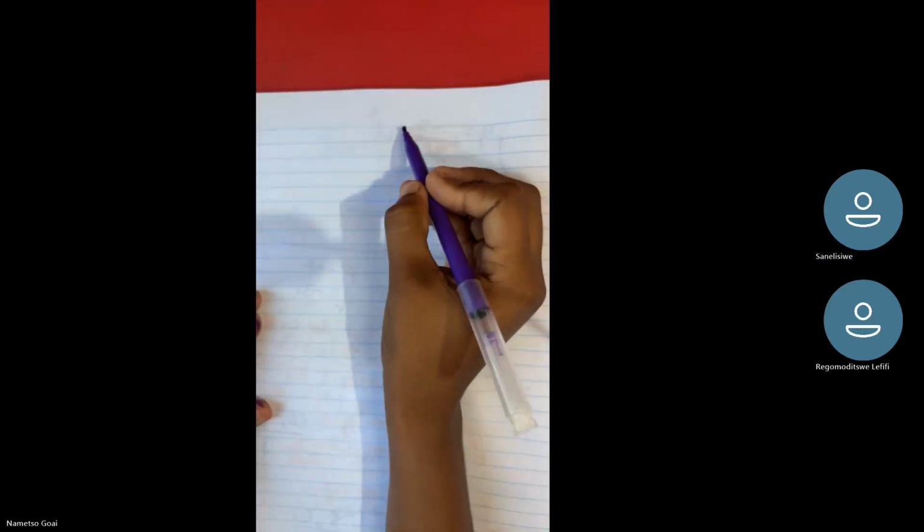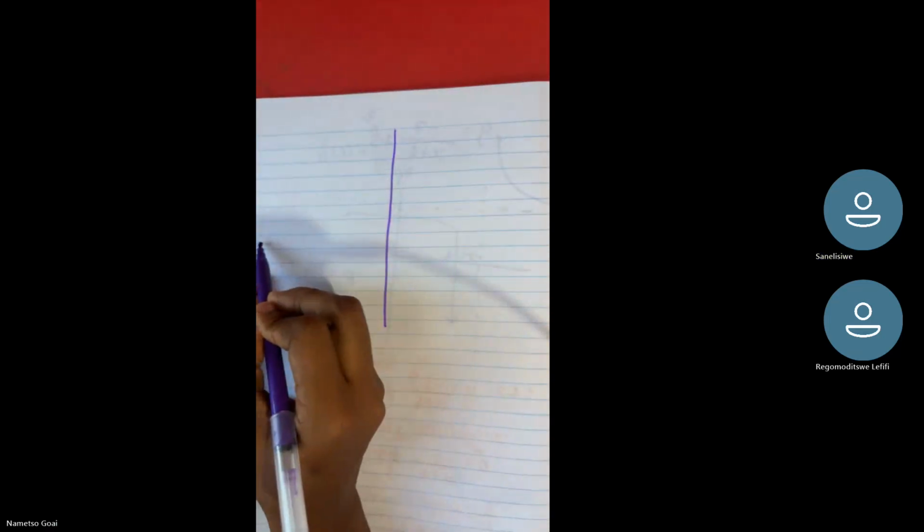So this is how your graph would look. Can you guys see my screen properly? Yes. Okay. Let me just draw a graph over here. Remember, let's write our asymptotes.